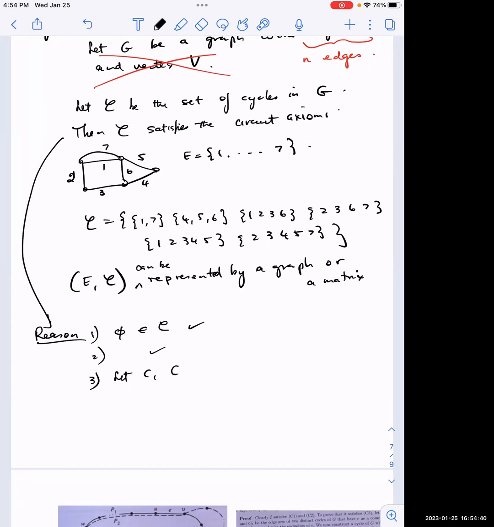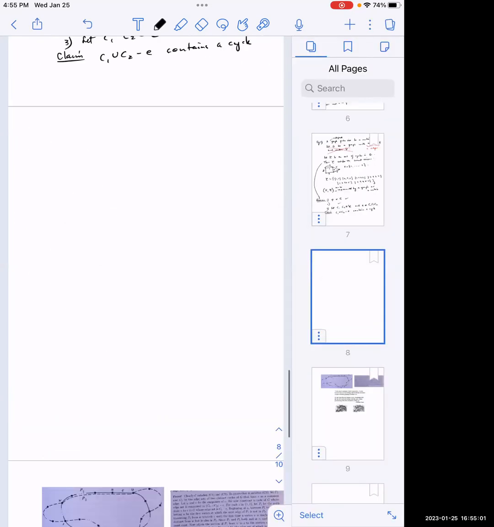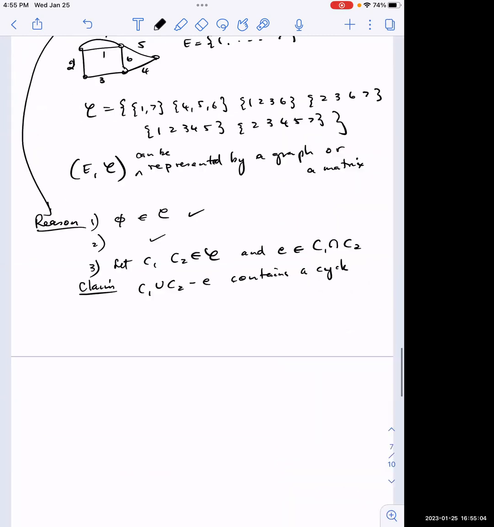Let C1, C2 be two circuits, and E is in the intersection. So we want to say C1 union C2 minus E contains a cycle. I use cycle and circuit interchangeably, even though they mean different things in graph theory. That's just really unfortunate notation.